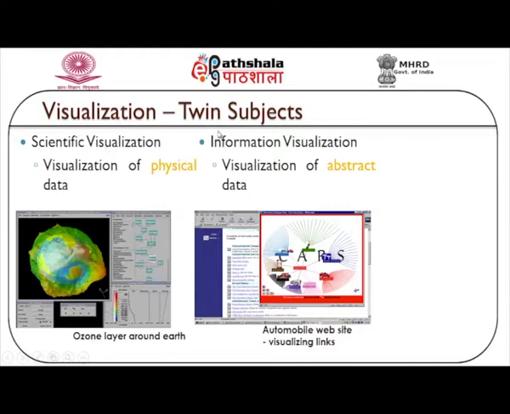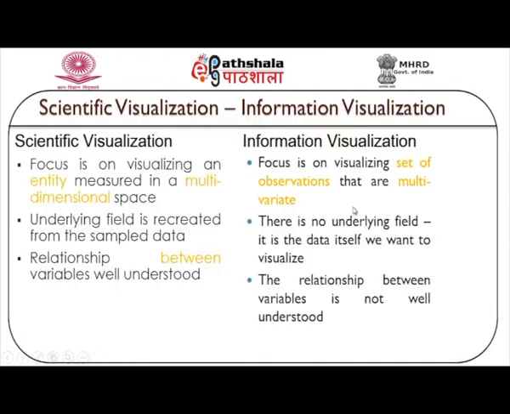One is scientific visualization, the other one is information visualization, where in scientific visualization we are talking about the physical or the raw data, and in the case of information visualization we are talking about the abstract data.